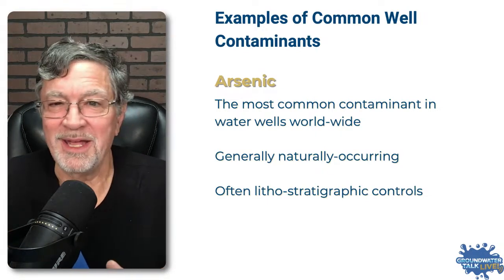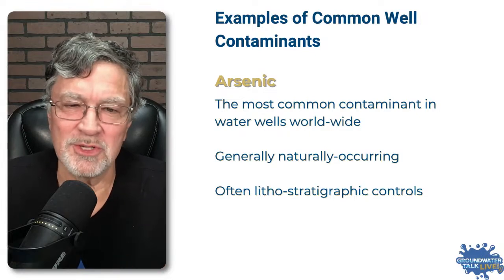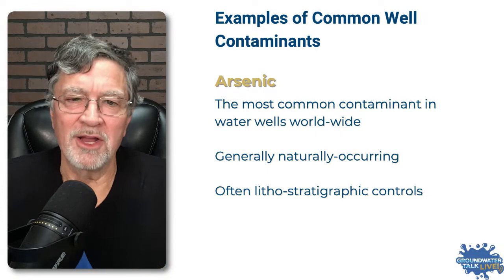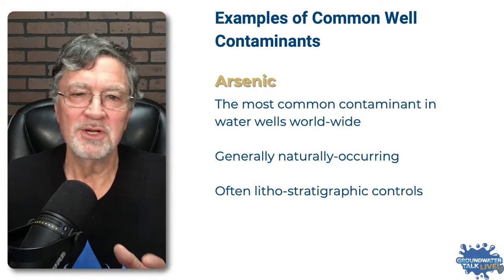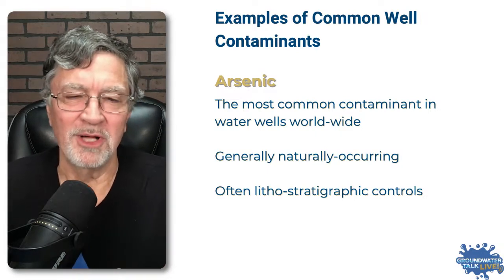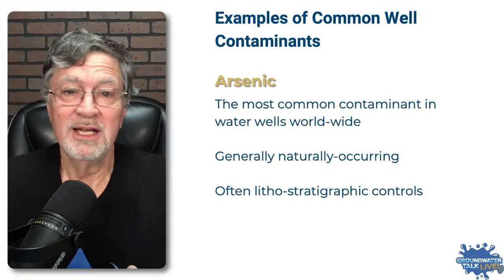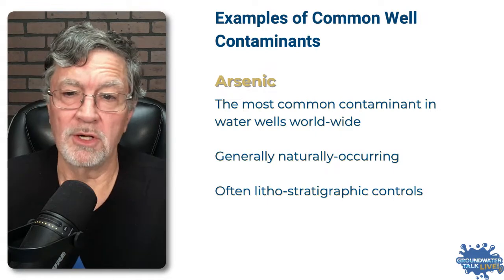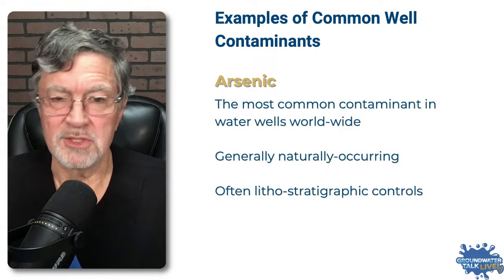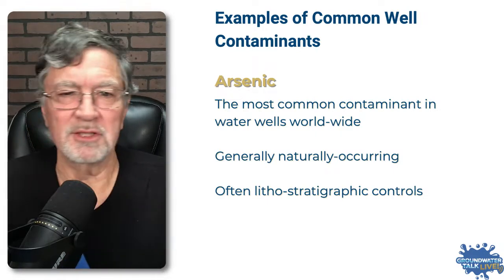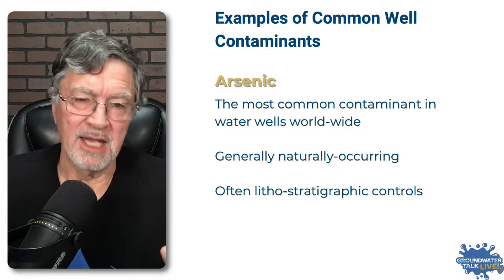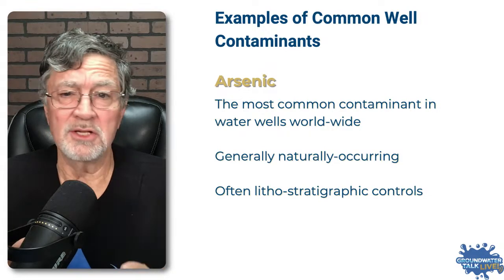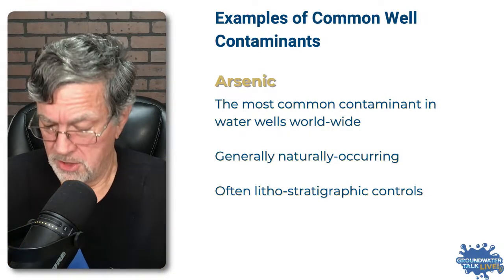That's a topic for another day, the geochemistry of arsenic. But suffice it to say that arsenic is a very common contaminant out there. Most people just don't realize how common it actually is. But the good news is because it is stratigraphically controlled, it can be a candidate for some relatively inexpensive techniques to control the arsenic coming into the well.